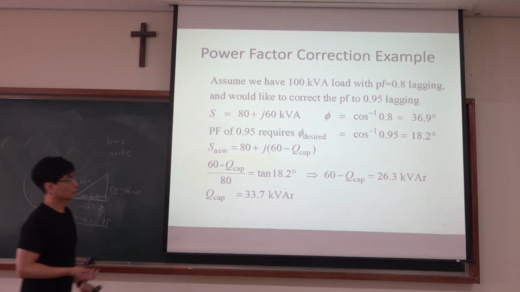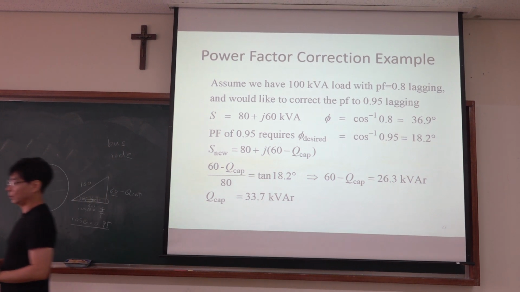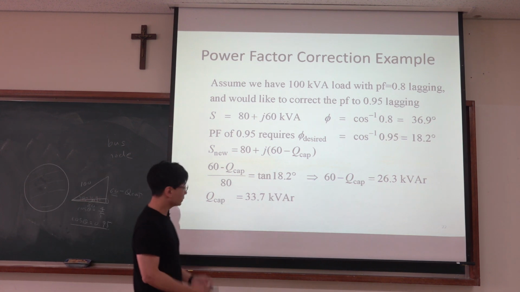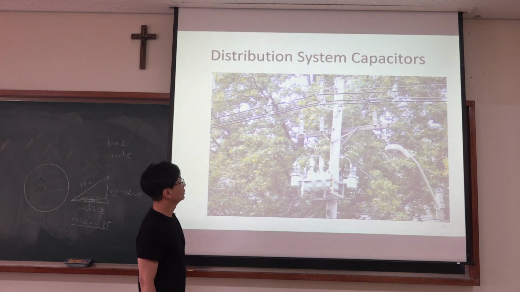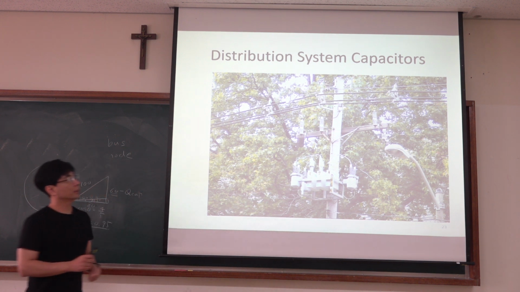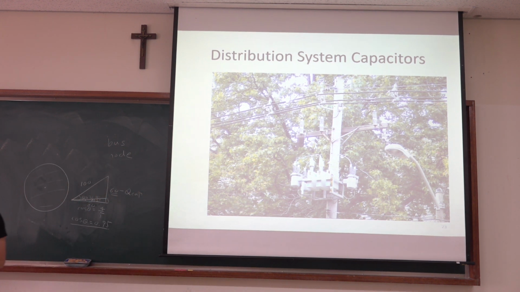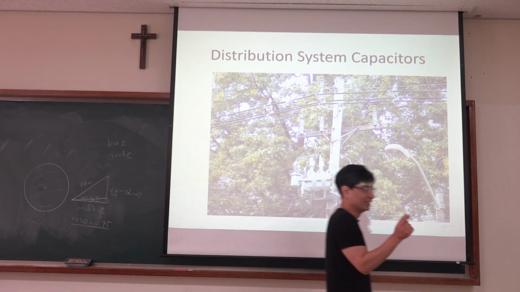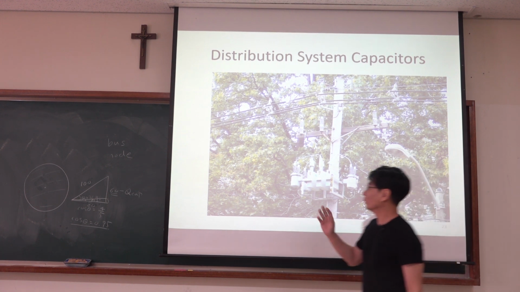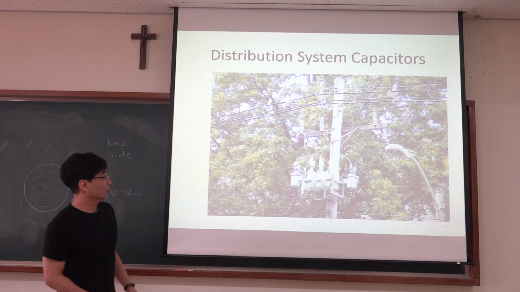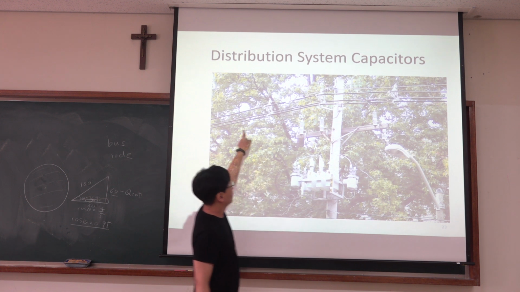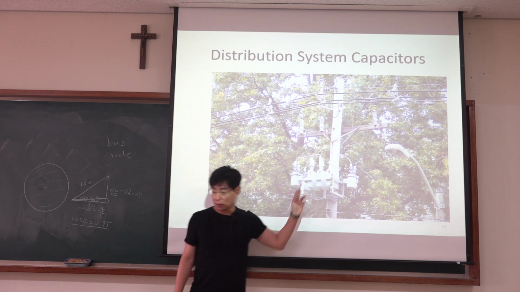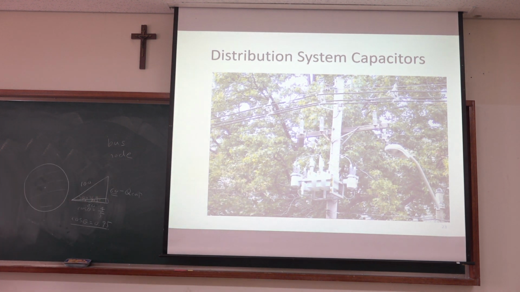Any questions? No questions. So far, so good. So this is a distribution system capacitor. You can see this on Seogang-daegil or Baekbeom-ro. When you walk through the street, you can see this pole and the distribution line, and also you can see this kind of capacitors. These capacitors are for power factor compensation.